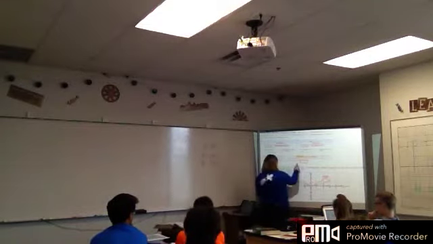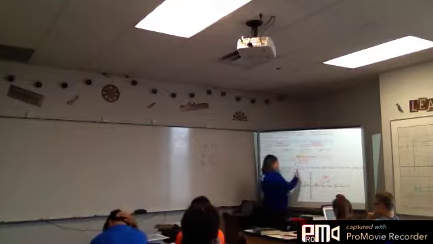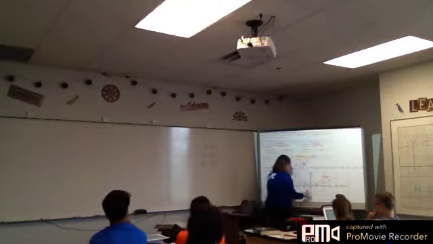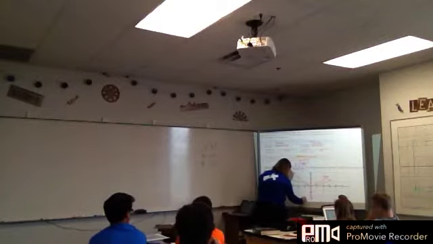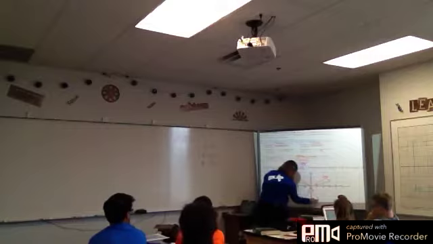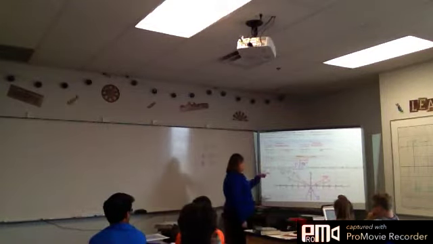If I plug a 1 in here, what do I get out? I get the absolute value of 1, and then 1 times -3, so if I go 1, -3, and then reflect it over, and look at this graph. Okay, so now tell me in words, what happened there?